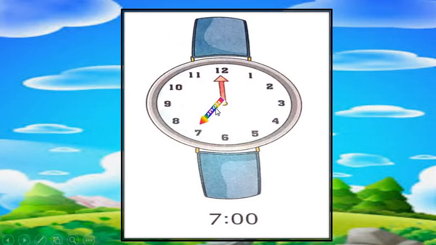Draw the short hand or hour hand at 7. The short hand is at 7. The long hand is at 12. It is 7 o'clock.